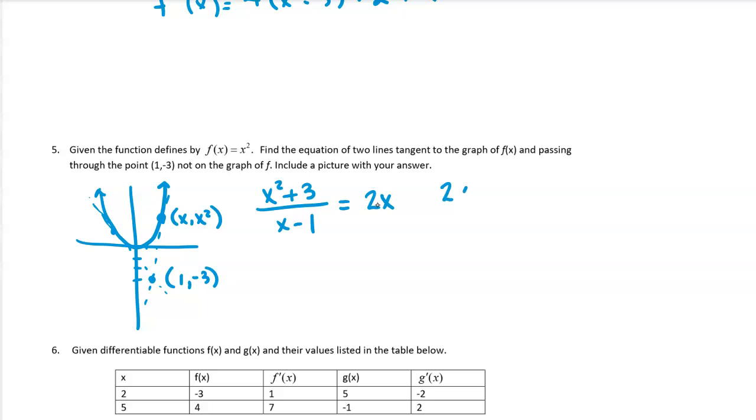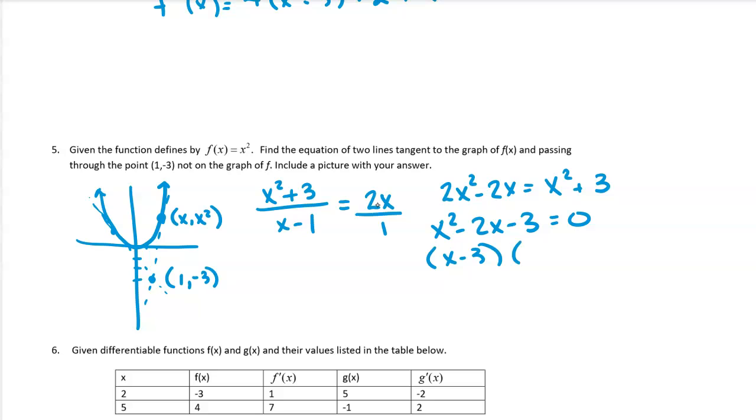If you cross multiply, you get 2x squared minus 2x equals x squared plus 3. So x squared minus 2x minus 3 equals 0. X minus 3, x plus 1 equals 0. So our values of x on that parabola are x equals 3 and x equals negative 1.